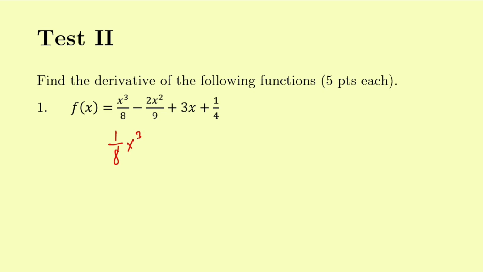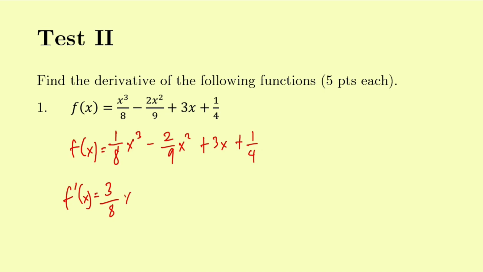So 1/8 x cubed minus 2/9 x squared plus 3x plus 1/4. This is f of x, and this is f prime of x: 3/8 x squared minus 4/9 x plus 3. And that's it. It's very simple.